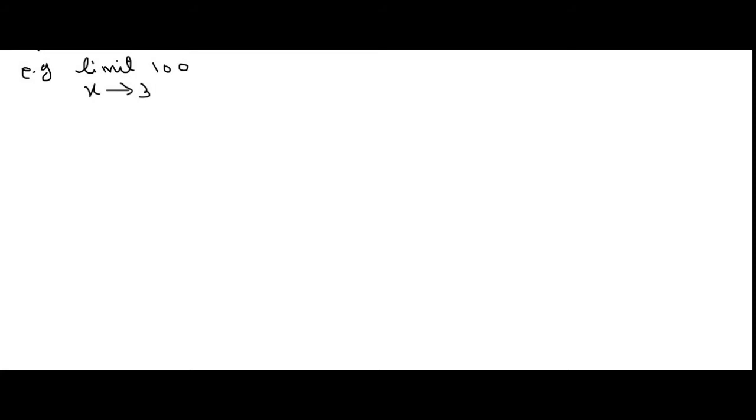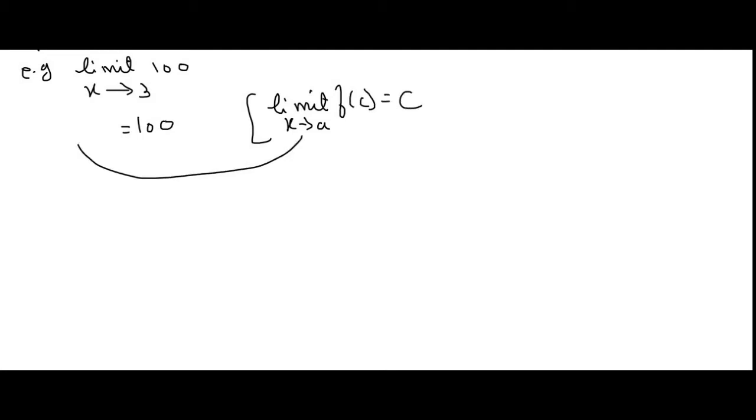Since the function is constant, its value will remain the same, so we can simply put 100. It simply represents the formula limit x approaches to a, f of c is equal to c. This is the limit of the function, this is the value of the function, and c is our result.